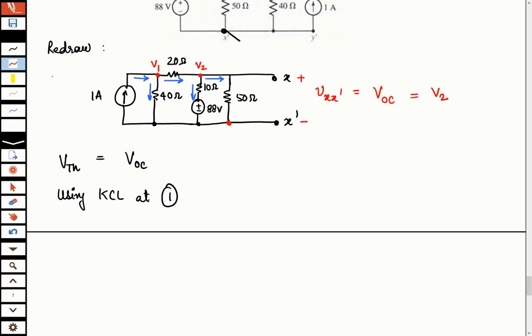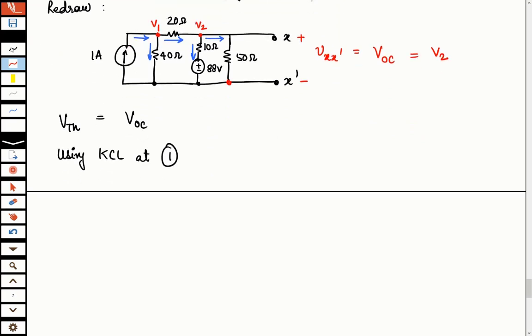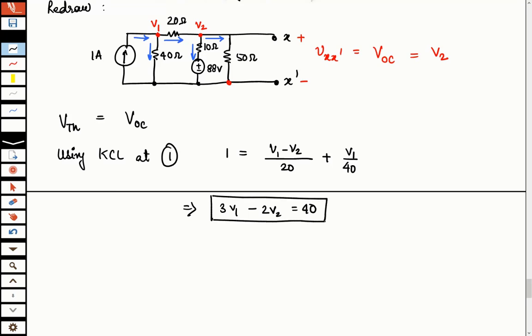That is VOC. So I'm going to write KCL here. So at node 1, incoming currents equal to outgoing currents. So incoming is 1. 1 is equal to outgoing. V1 minus V2 upon 20 plus V1 by 40. This is equal to 1. You simplify this, you should get something like 3V1 minus 2V2 equal to 40. This is one linear equation, equation number 1.